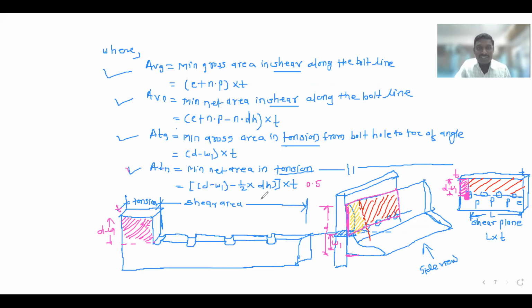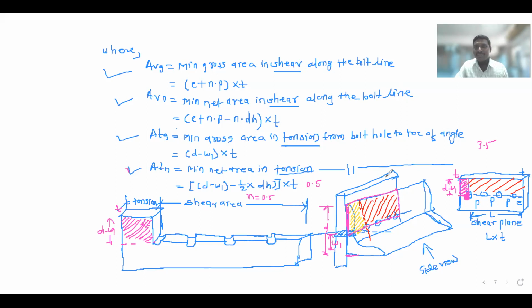So how much? So here, if I write N, what is N here? 0.5. And here 3.5. So 3.5 and N 0.5. How much? 4. So total 4 bolts we have deducted from net area.